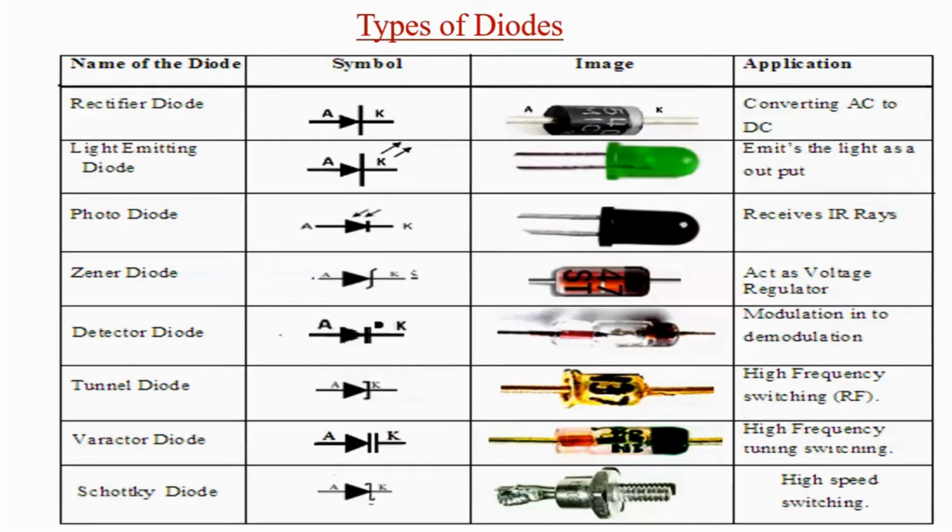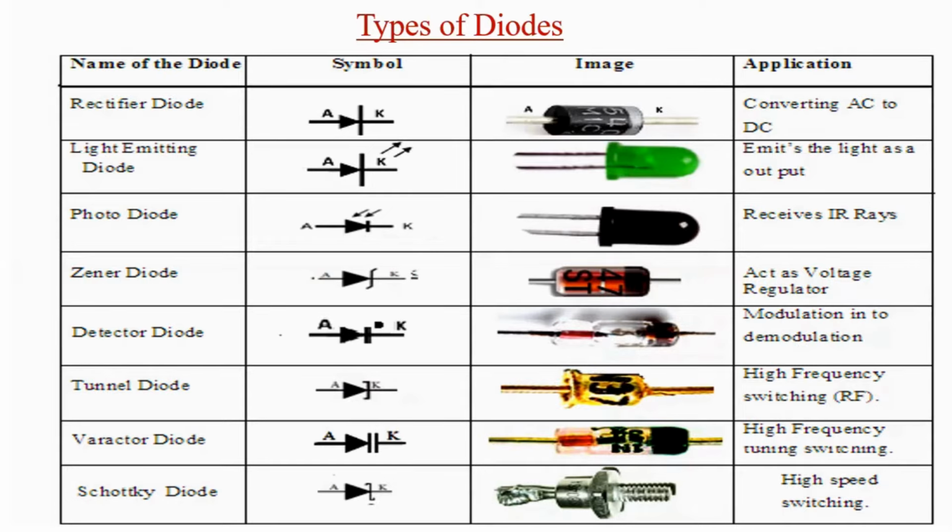Now here come the types of diode. Before going to the types, you should remember there are different types of diodes with different functions. Mainly there are two functions of the diode: rectification and regulation, and we call the third function switching.